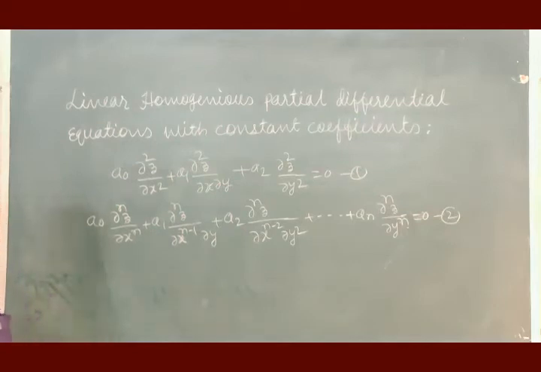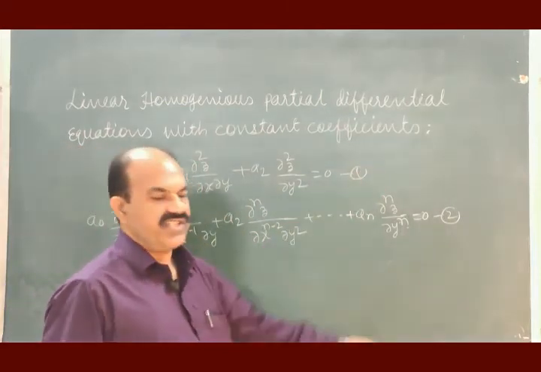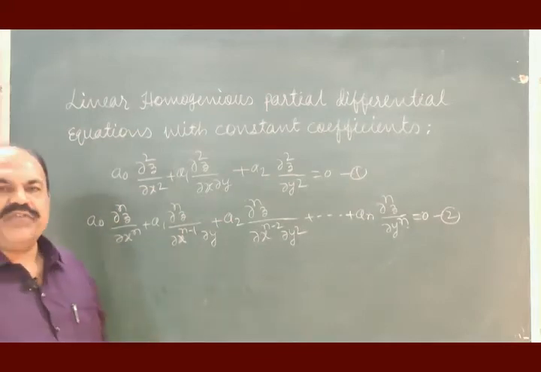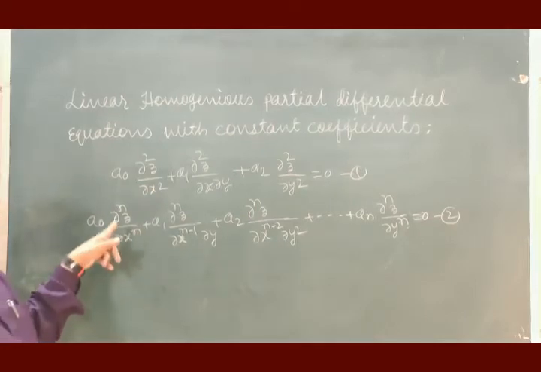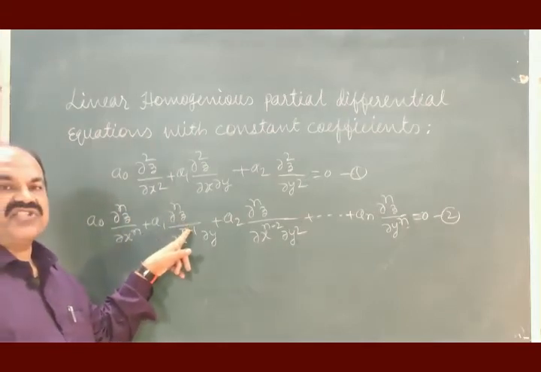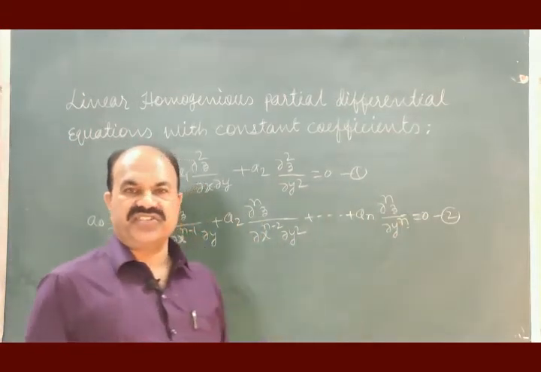Equation 2 is also known as linear homogeneous partial differential equation with constant coefficients. Partial differentiation. Coefficients a0, a1, a2, a3, a4, etc. up to an are all constants. Why homogeneous? Here order of differentiation is n in every term.